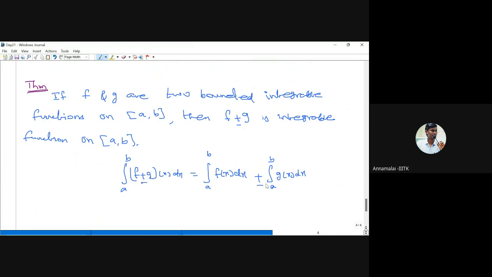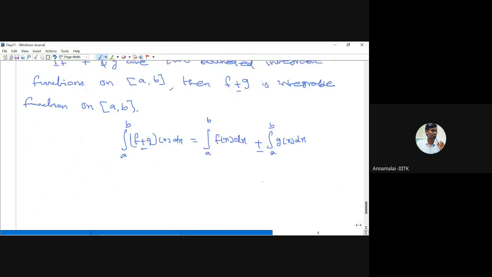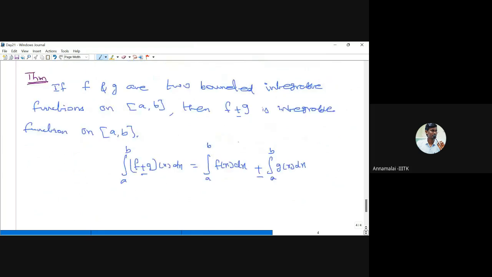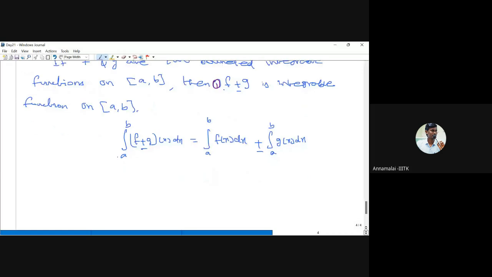Now, what about the product? Similarly, the product of two integrable functions is also integrable. That is the second property: f times g is also Riemann integrable on the interval a comma b.